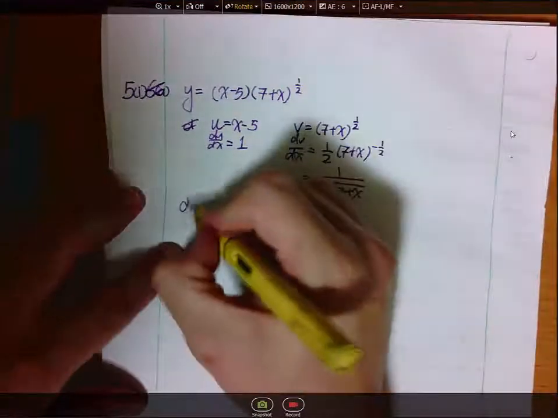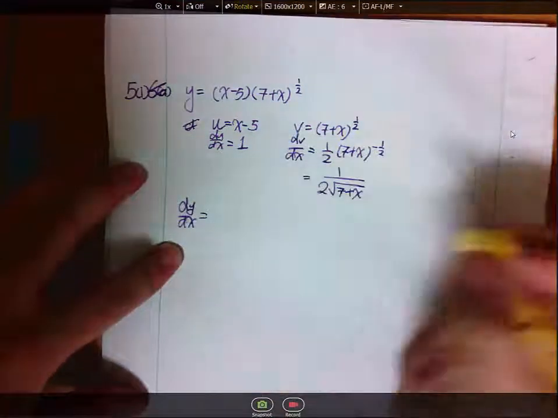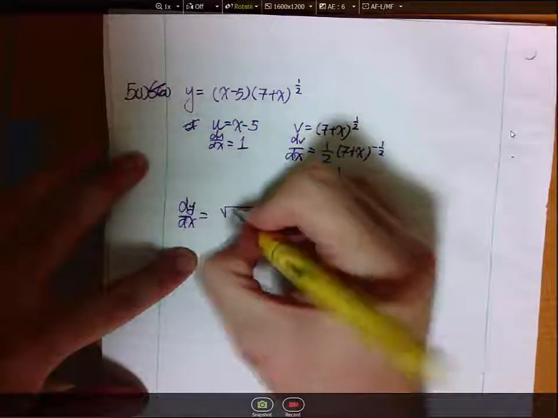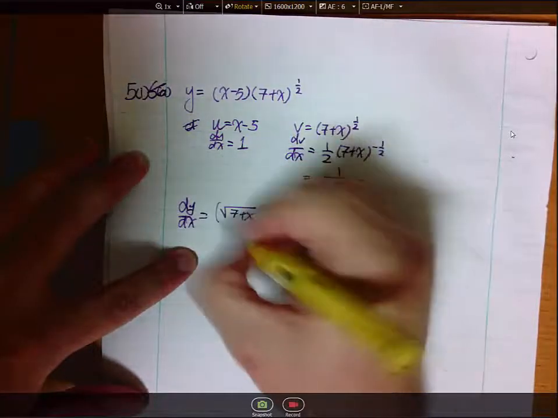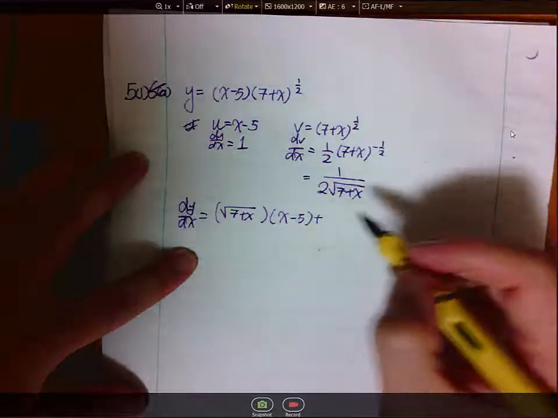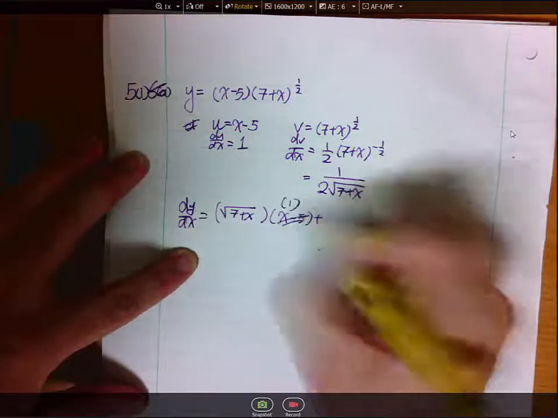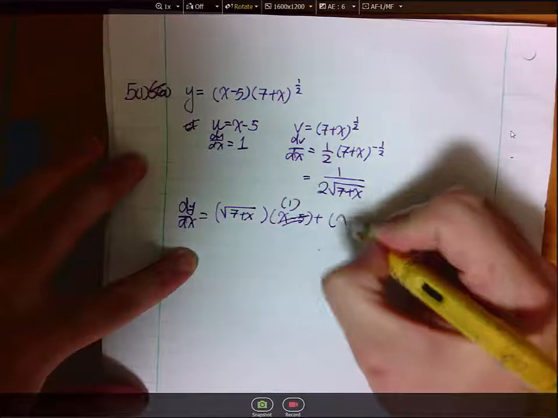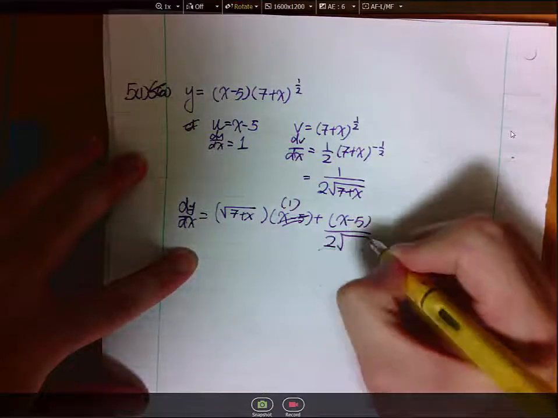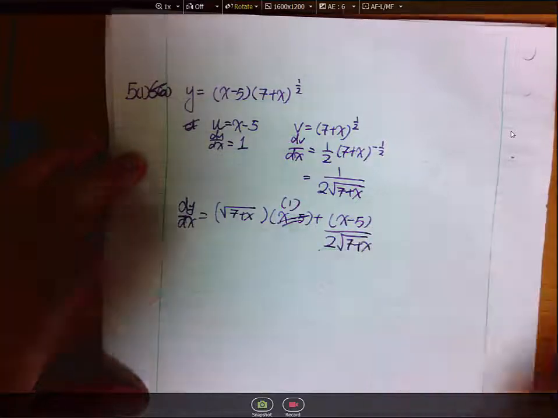So we get dy/dx equals v times du/dx, where du/dx is 1, plus u times dv/dx. So you get 2 over square root of 7 plus x.